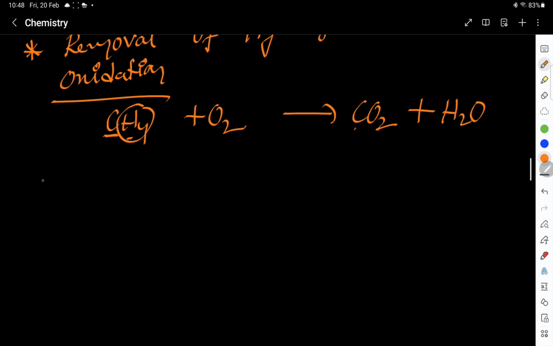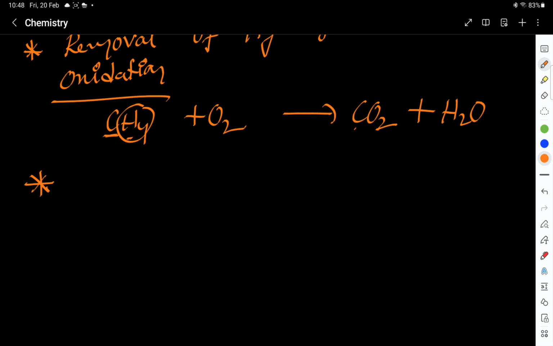Or we can also say it in another way. You can take the converse part of reduction. You might have remembered. In the reduction process, what did we say? Addition of hydrogen is called reduction. Removal of oxygen is called reduction. Addition of electrons is called reduction.